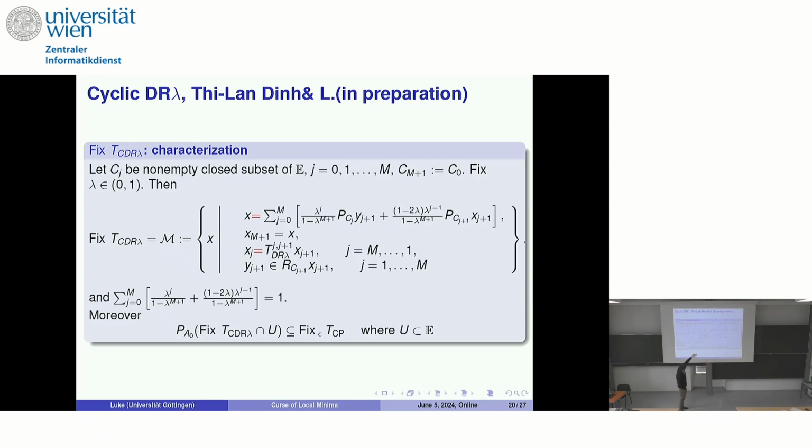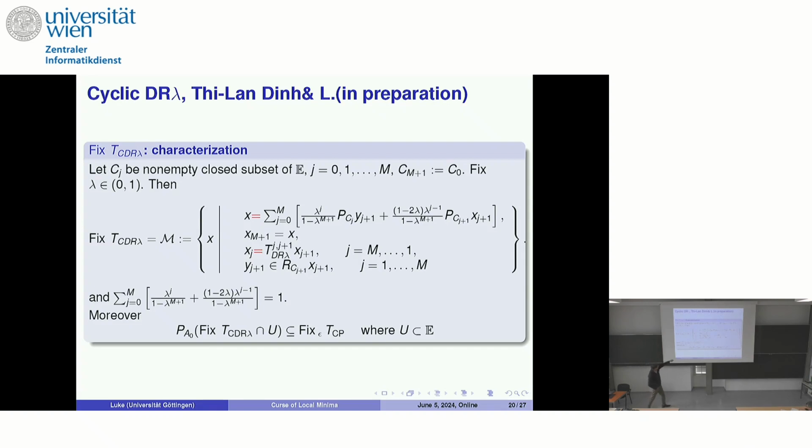These coefficients sum to 1, so it's a convex combination of pairs of points as we're moving around. The pairs of points are always points in the sets, so the fixed points are in some convex hull of the constraint sets that we have. And that's good news.